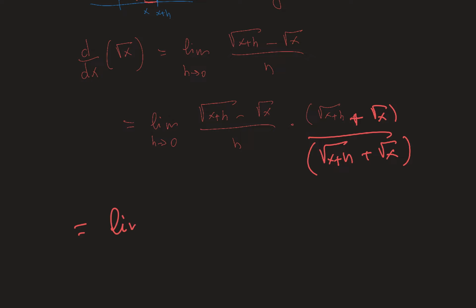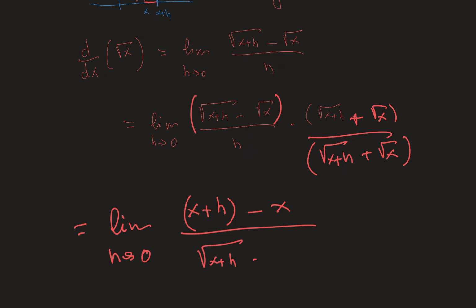So this is the limit when h approaches 0 of, if I multiply this by this using the distributive property, x plus h minus x, divided by a square root of x plus h plus a square root of x.